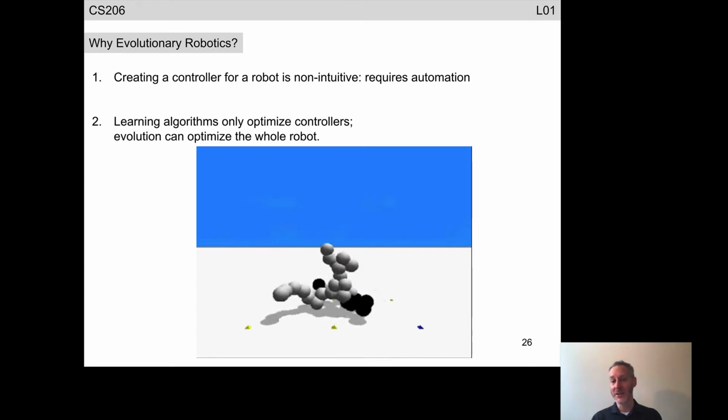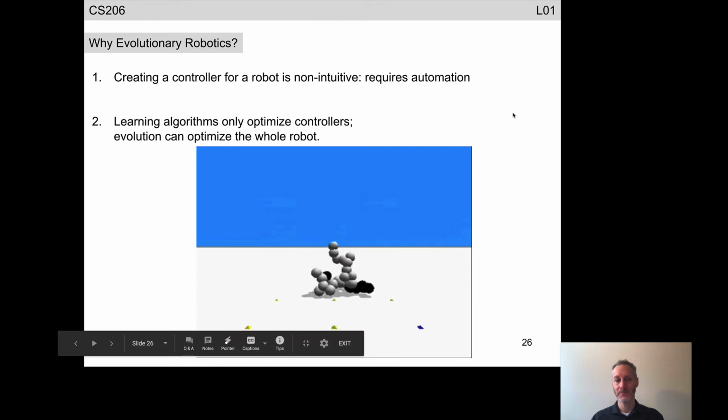But that bilaterally symmetric body plan didn't go anywhere, so it got deleted from the population, and evolution focused on this kind of odd solution. Okay. Towards the end of the course, we're going to see more and more evolutionary algorithms that modify the body and the brain of the robot simultaneously.